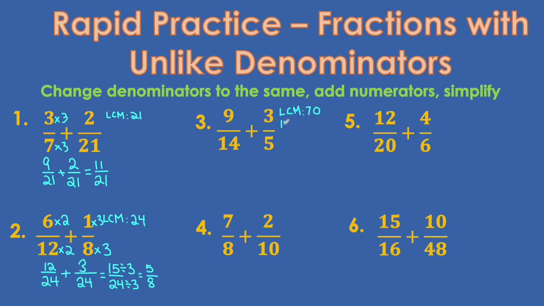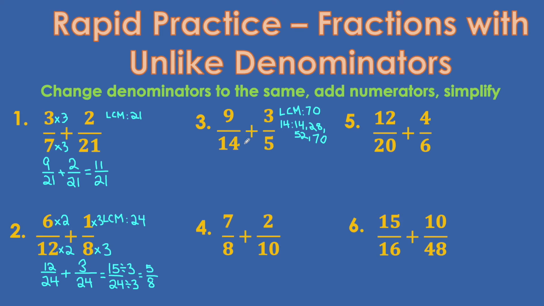For example, we just went over the multiples of 14, which were 14, 28, 52, and 70. And we found out that 70 works because 5 can go into 70.